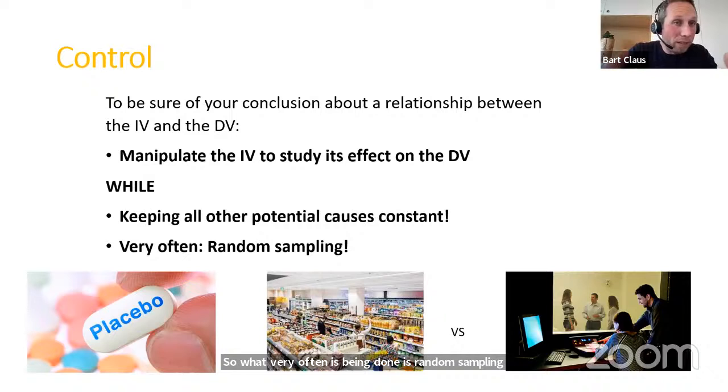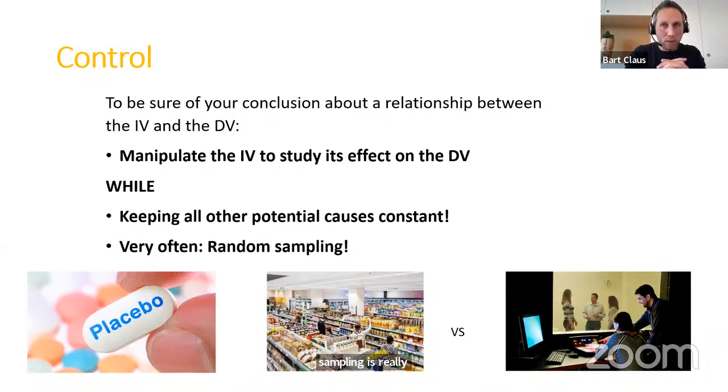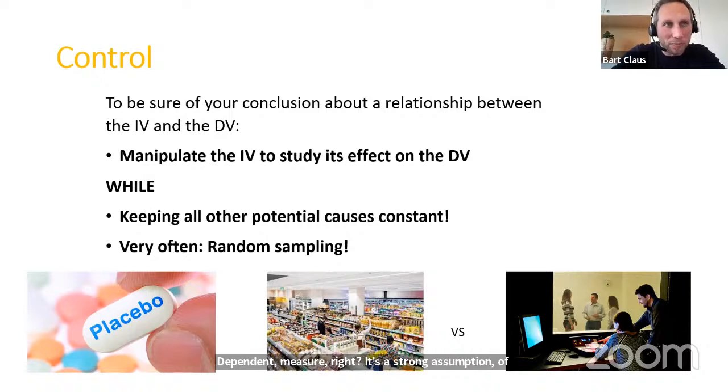The assumption is that if your sampling is really random and your attribution to the groups is really random, there will be no systematic difference between the groups in any variable, and especially not in variables that could create an effect on your dependent measure. It's a strong assumption, of course, but it's the only way of trying to control the entire collection of potential variables out there that could have an effect.